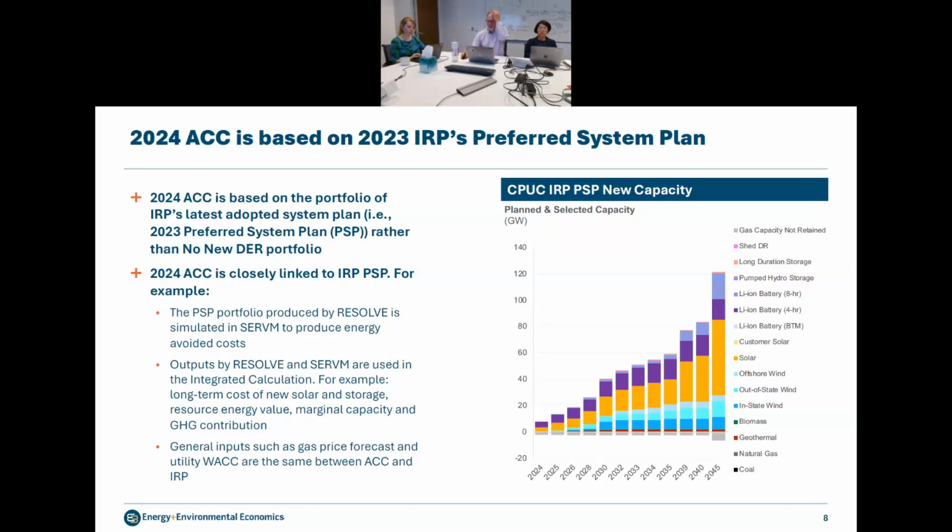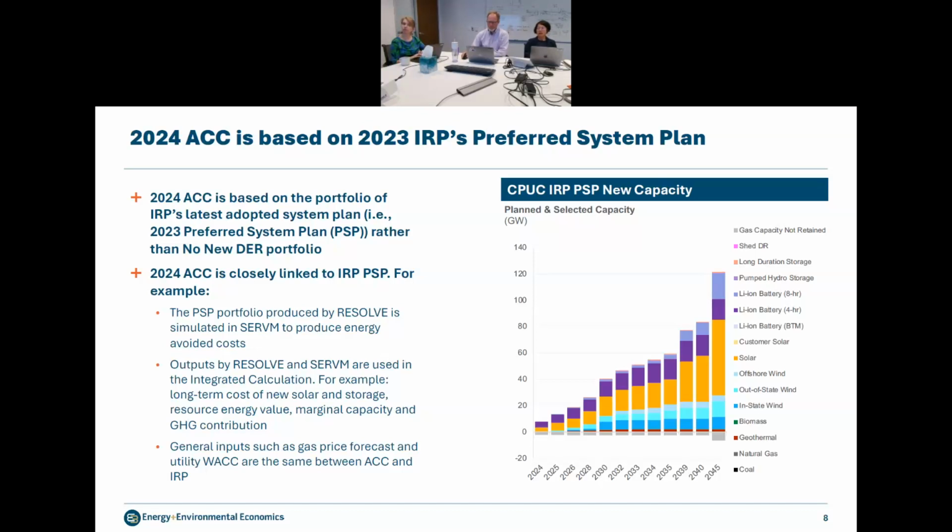For example, the resource cost, the resource energy value, and resource GHG and capacity contributions that are used in the integrated calculation either come from the RESOLVE IRP modeling or SERVER modeling. And finally, a few general inputs are aligned between the ACC and IRP. So the picture on the right shows the capacity addition from the newest PSP case.